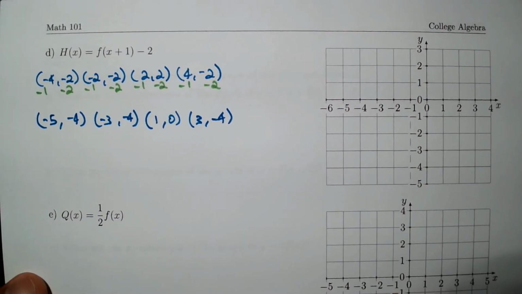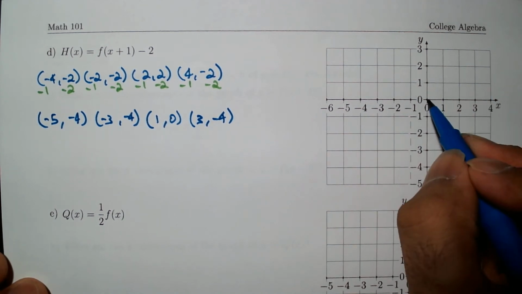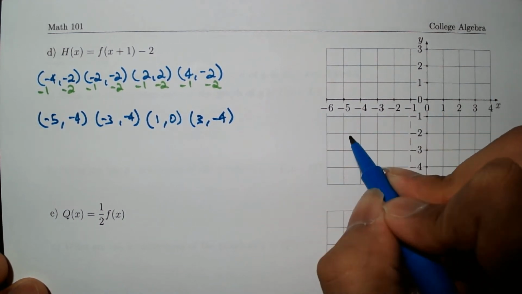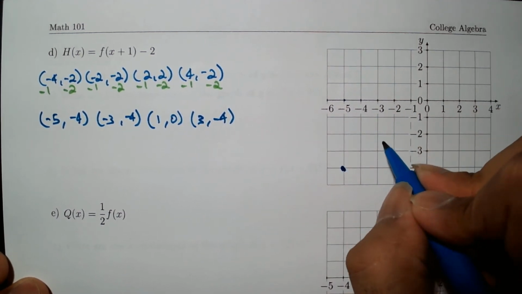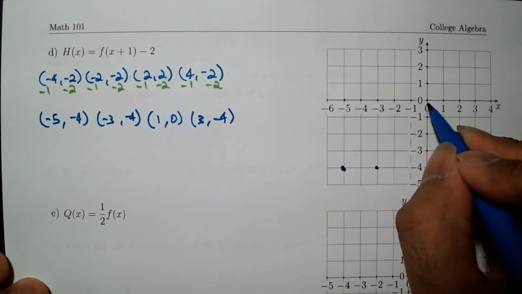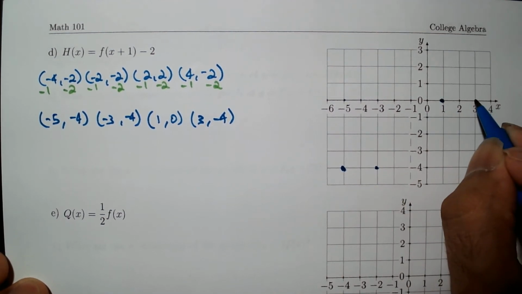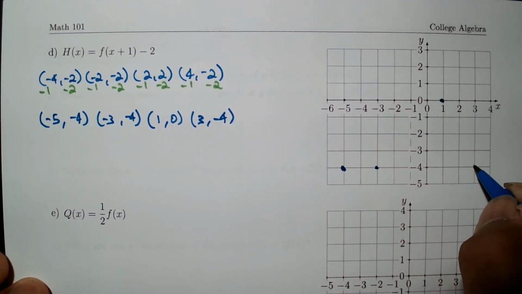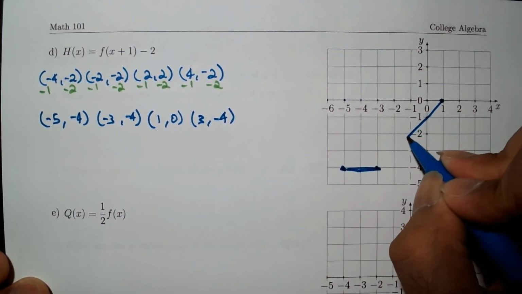All right, let's plot these points on the Cartesian plane that we have here. So negative 5, negative 4, negative 3, negative 4, 1, 0, and 3, negative 4. So we have this graph right here.